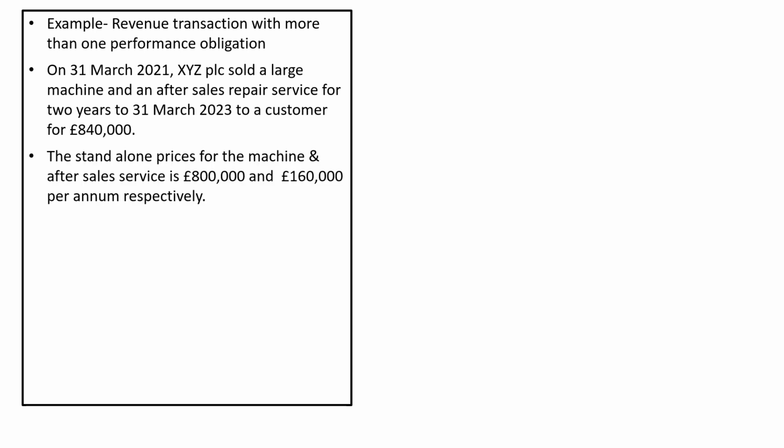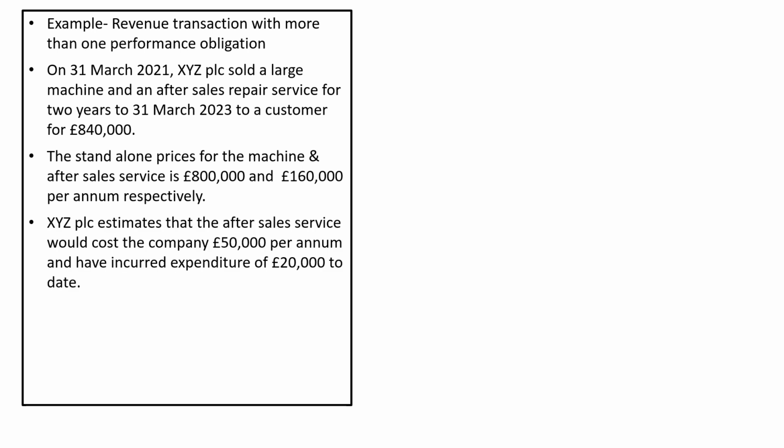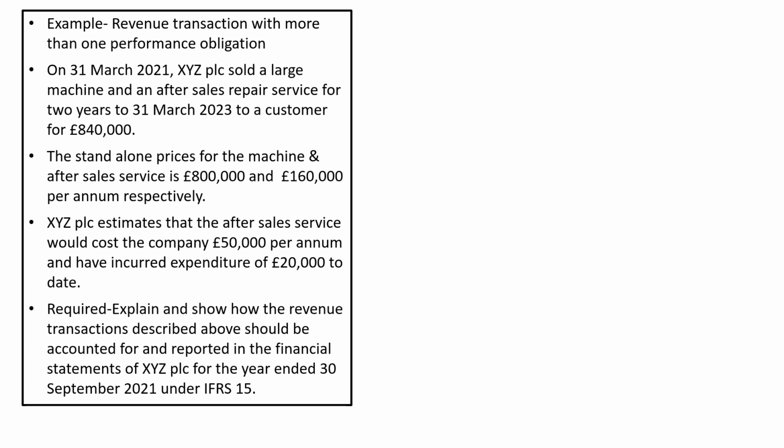The standalone prices for the machine and after-sales service are £800,000 and £160,000 per annum respectively. XYZ plc estimates that the after-sales service would cost the company £50,000 per annum and have incurred expenditure of £20,000 to date.